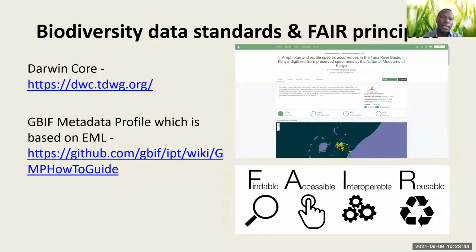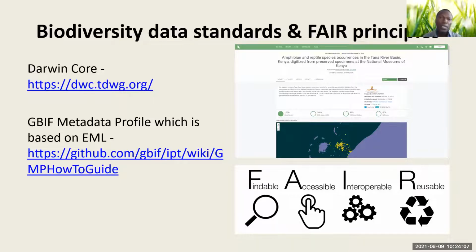We had to look at biodiversity data standards and FAIR principles, and promote these standards and ways of working, so that people know that they should follow international standards. If they are working with biodiversity, they should follow biodiversity standards.